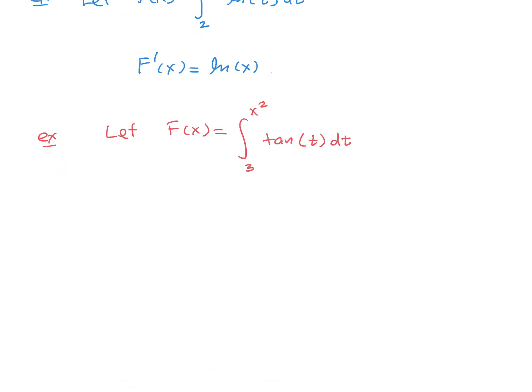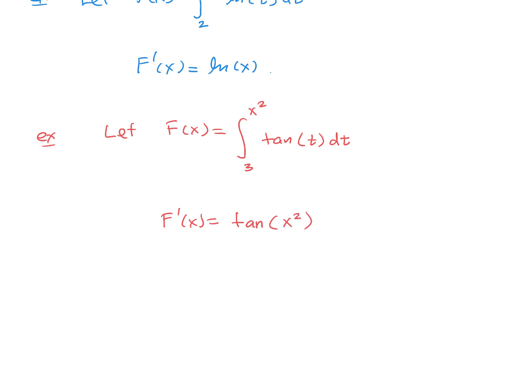So its derivative, capital F prime of x, is going to be this tangent function inside our integral, but instead of being evaluated at t, we're going to use the chain rule. It's going to be the function evaluated at the inside. Well, inside of it is an x squared. And then that's going to be multiplied by the derivative of what's inside, which is 2x.